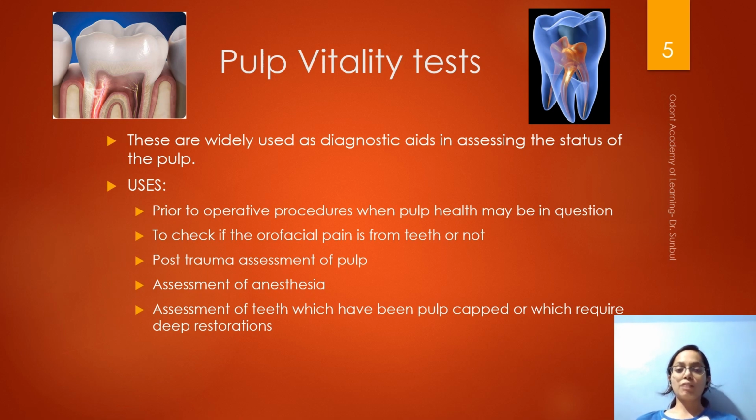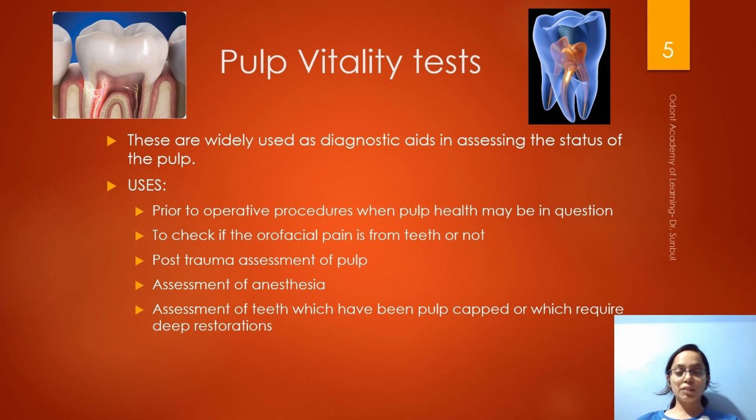First, when the pulpal health is in question and we want to know if the tooth is vital or not. Also, if there is orofacial pain, to check whether it is due to the teeth or due to other surrounding structures. Or when there has been a trauma to the pulp, we want to see if it's still vital or not.